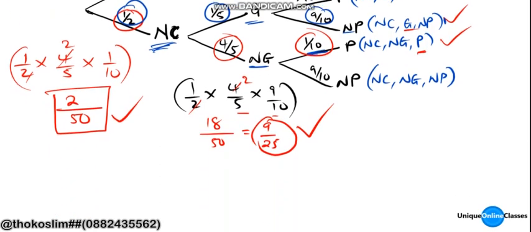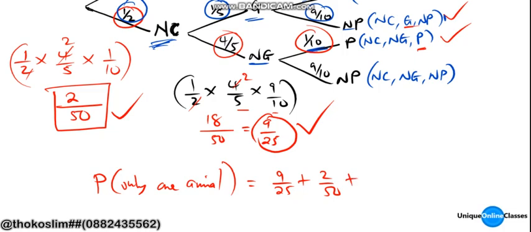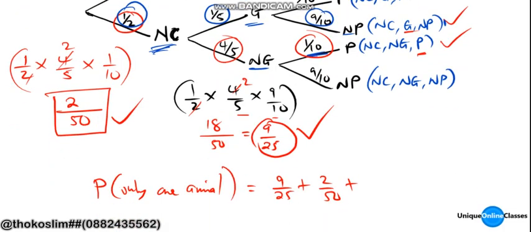Probability of only one animal equals 9 over 25 plus 2 over 50 plus 9 over 100.